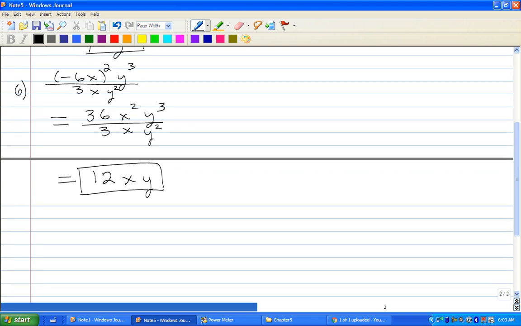Okay. Now, let us do a polynomial divided by a monomial. So we're just going to divide each of the terms in the polynomial by that particular monomial.